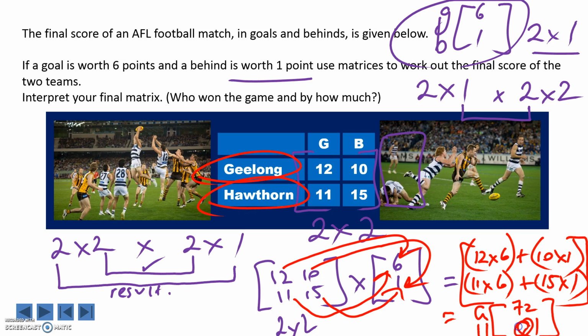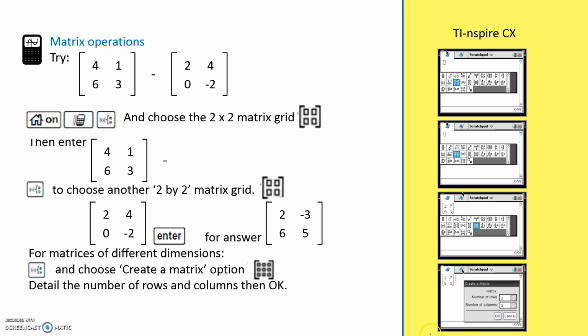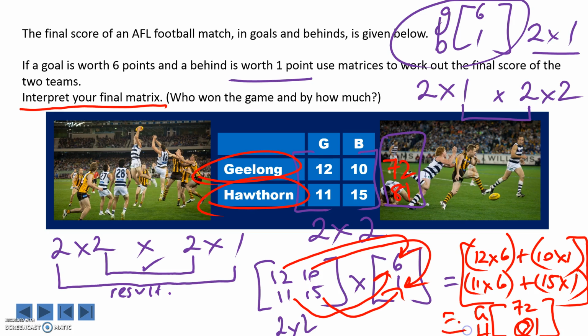So from that, I can see that Hawthorn's total score is 81 and Geelong's is 72. Interpret your final matrix. That tells us that Hawthorn has the highest score. Who won the game? Hawthorn, and by how much? 81 take away 72 is 9 points. And there you have your answer.